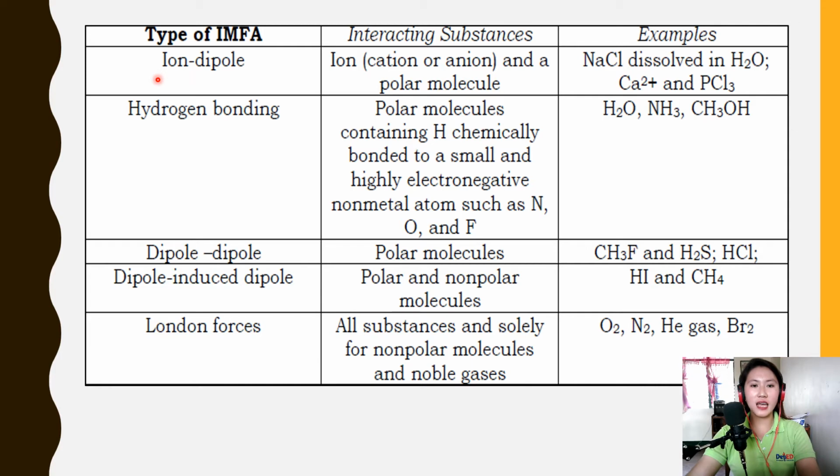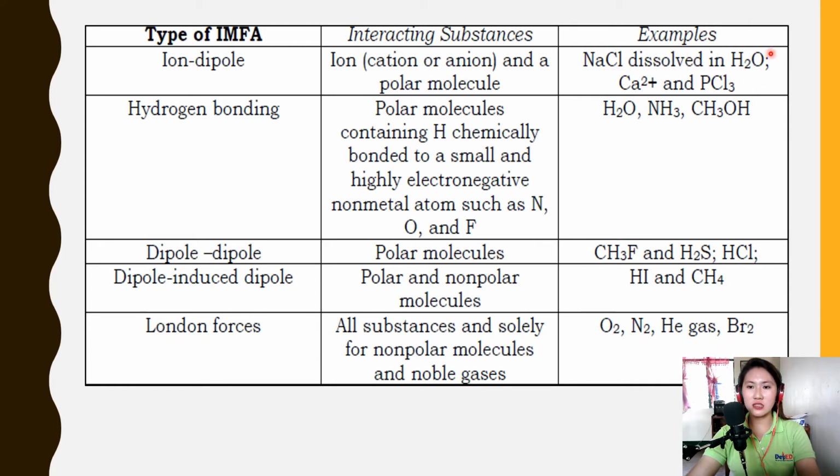First, let us have ion-dipole as the strongest intermolecular force of attraction. It interacts with ionic molecules and polar molecules. Here is an example: NaCl is an ionic molecule and it is dissolved in H2O, which is a polar molecule.